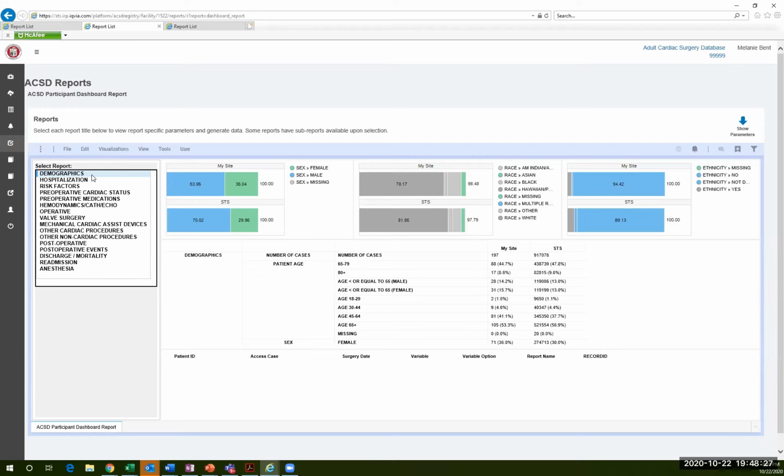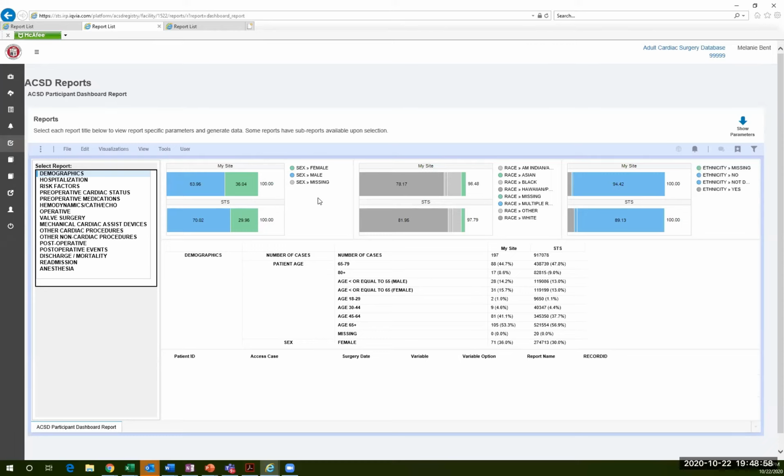So you're able to be familiar with what is being entered on the data collection form, and you're able to come into the dashboard and review that same format, the same sections. So you'll see the first actual section is demographics. And here you'll see that we have some predefined graphs, and this is applicable for each of the sections that are listed here. You'll have predefined graphs that will highlight a specific variable.